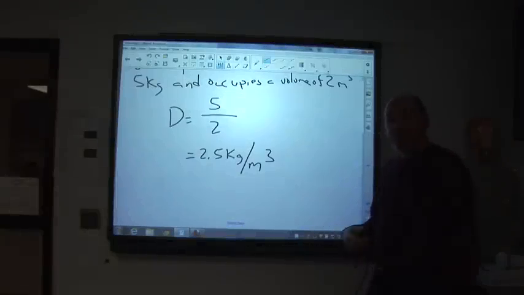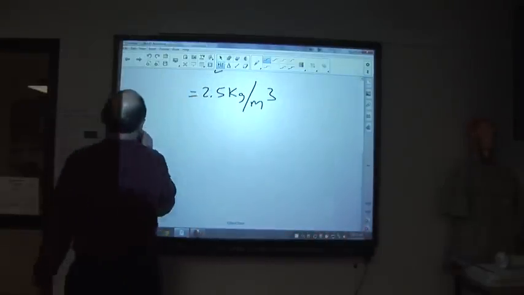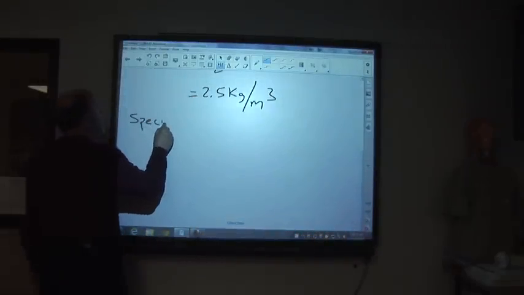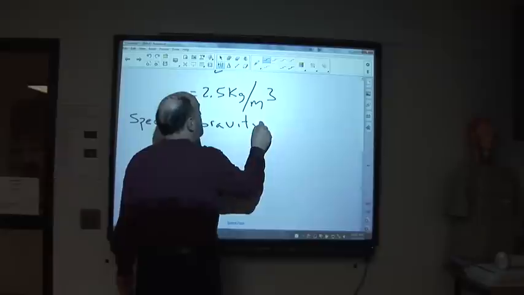The other thing that goes with density is a term called specific gravity. Specific gravity is basically how the density compares to water.